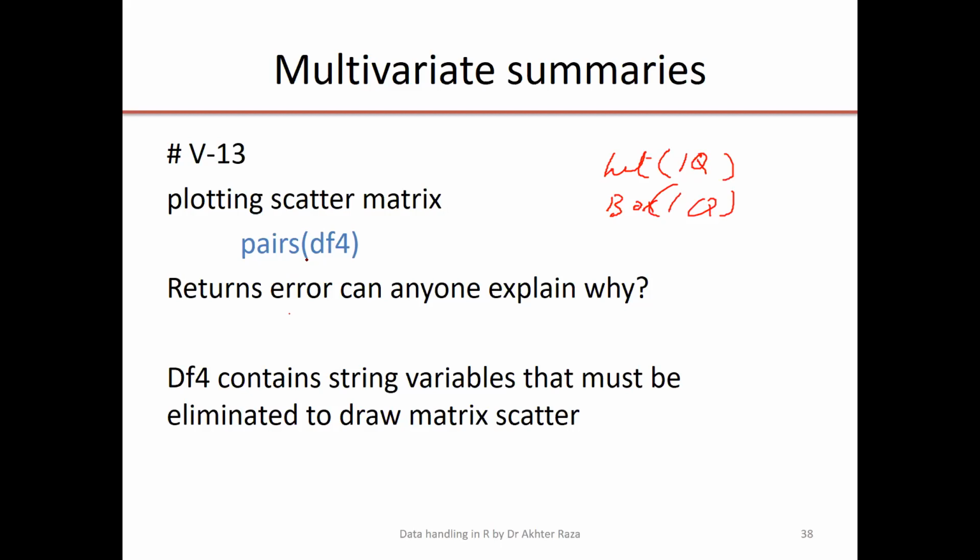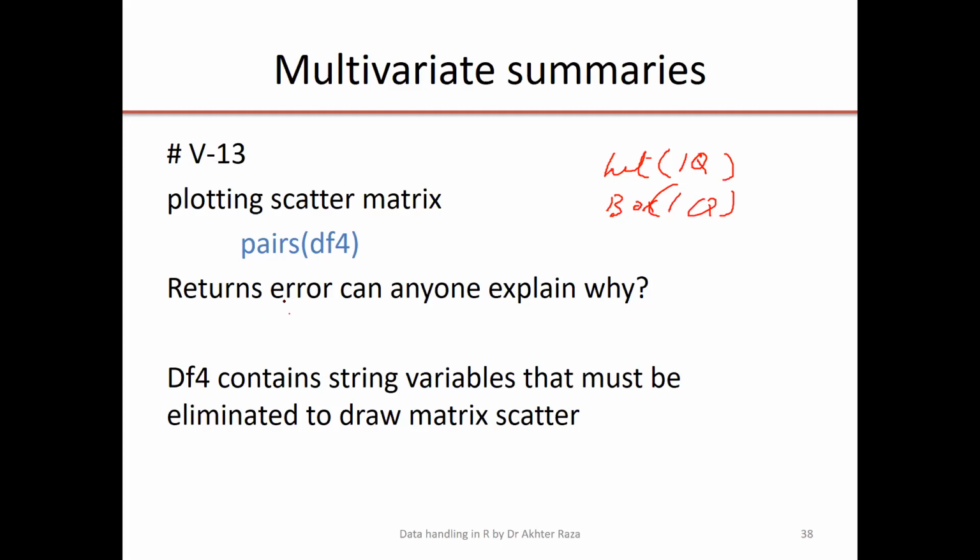And for pairs, I need a data frame. In this data frame, I must have more than one quantitative variable. If it doesn't have any quantitative variable, or it has a qualitative variable in the data frame, then that command will not be executed and it will give an error.